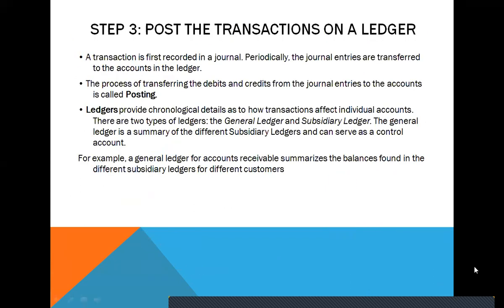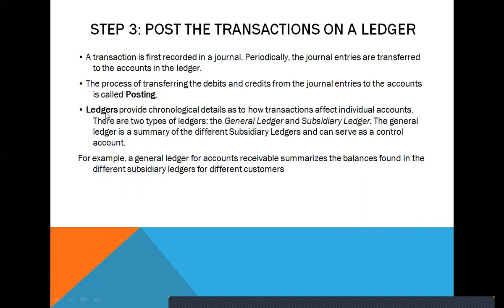Now, let's move on to step 3, which is to post the transactions on a ledger. A transaction is recorded in a journal like we did previously. Periodically, the journal entries are transferred to the accounts in the ledger. The process of transferring the debits and credits from the journal entries to the accounts is called posting. Ledgers provide chronological details as to how transactions affect individual accounts.